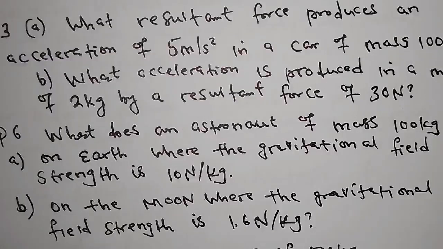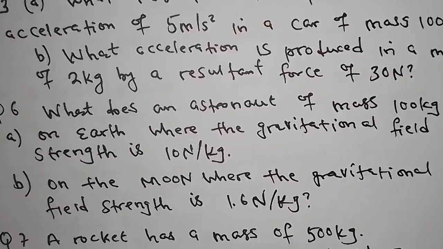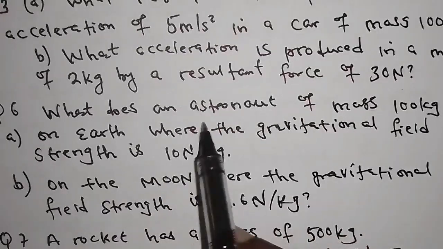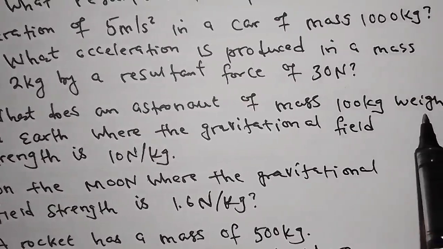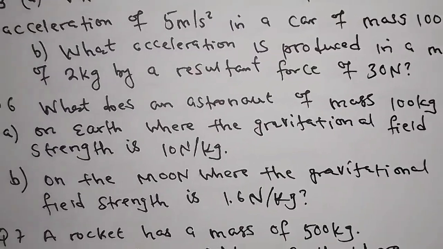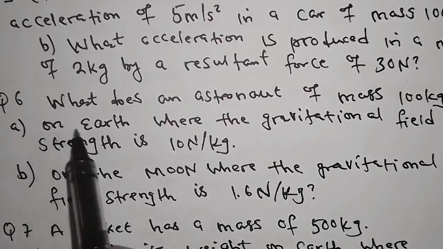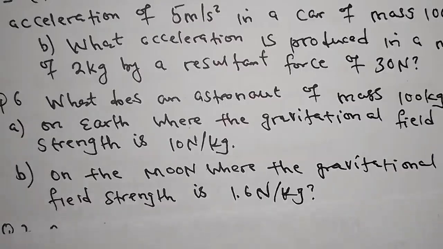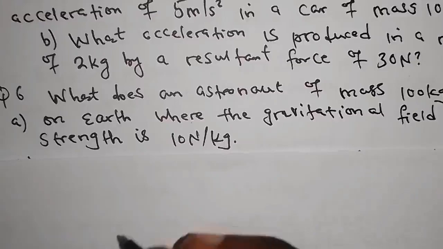Now we move on to question 6. What does an astronaut of mass 100 kg weigh on Earth, where the gravitational field strength is 10 Newton per kg?